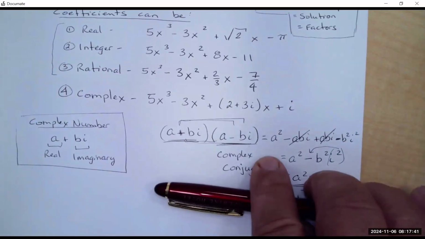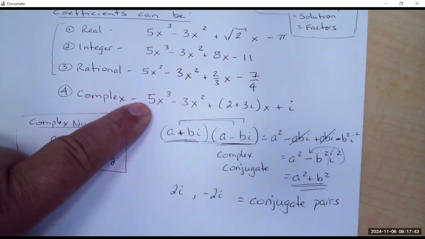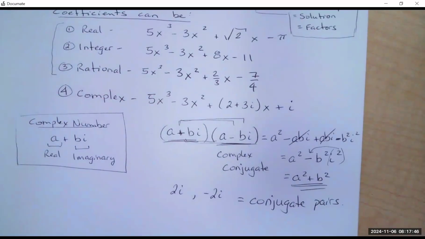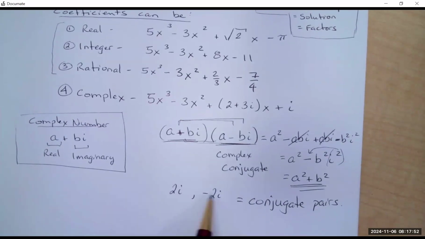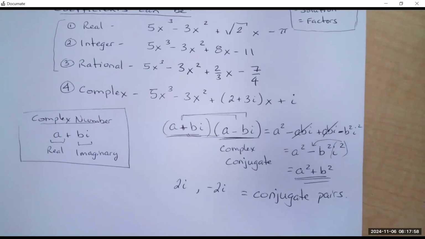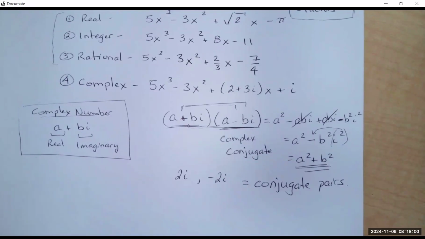So that takes care of two of the possibilities, which means we only have one other answer. It can either be a positive number or a negative number. But two of them are taken care of because if you have an imaginary answer, it has to be its complex conjugate. And we're going to look at more of that today.